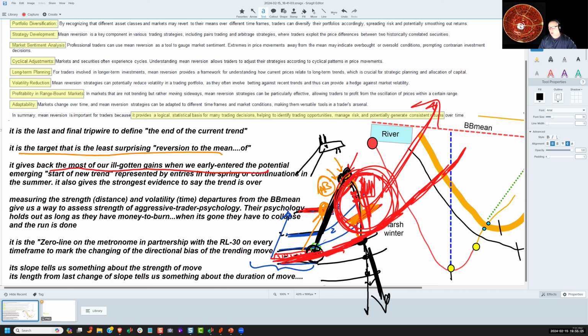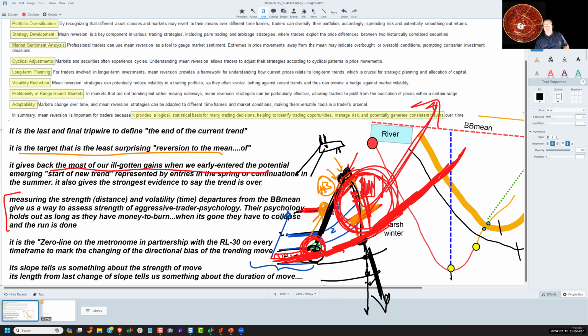We entered that trend early on the potential that was indicated by the breakout. So that's aggressive. And conversely, using the Bollinger Band mean is the most conservative of the trailing stops.